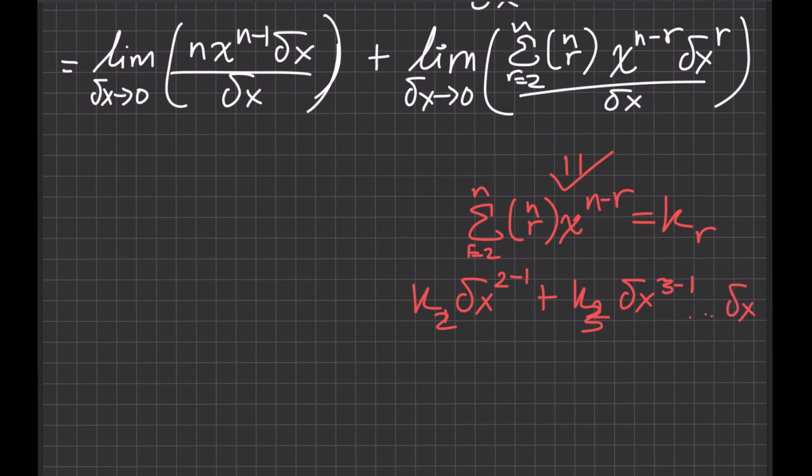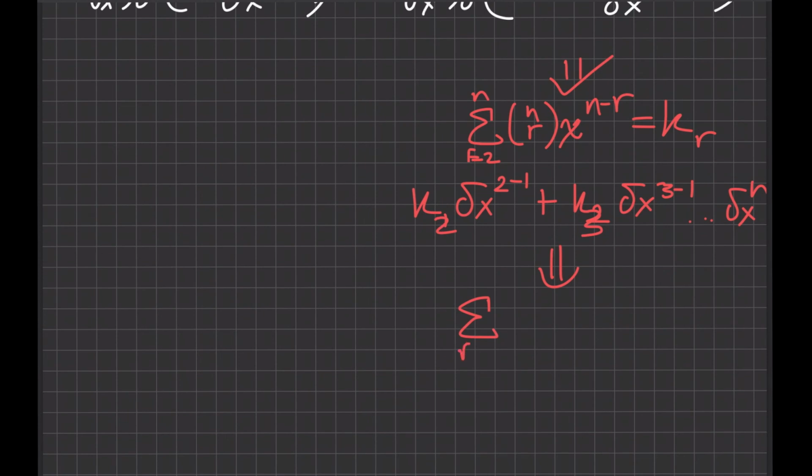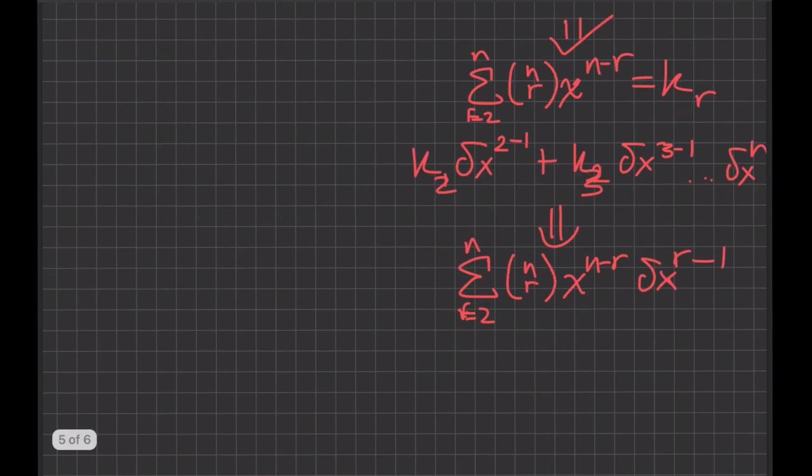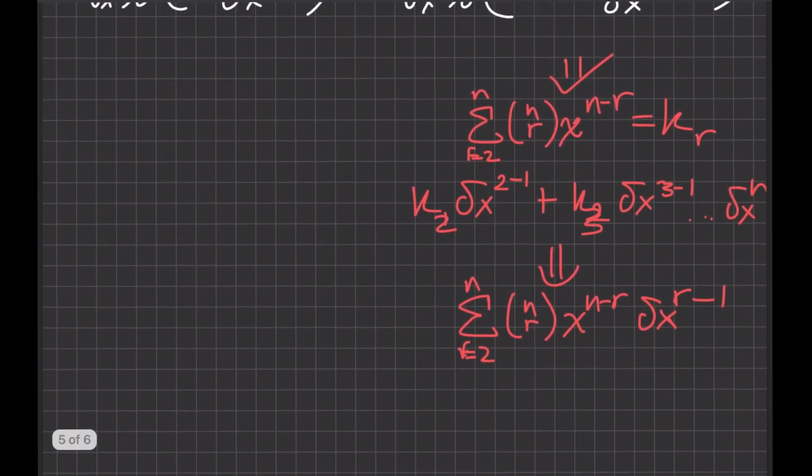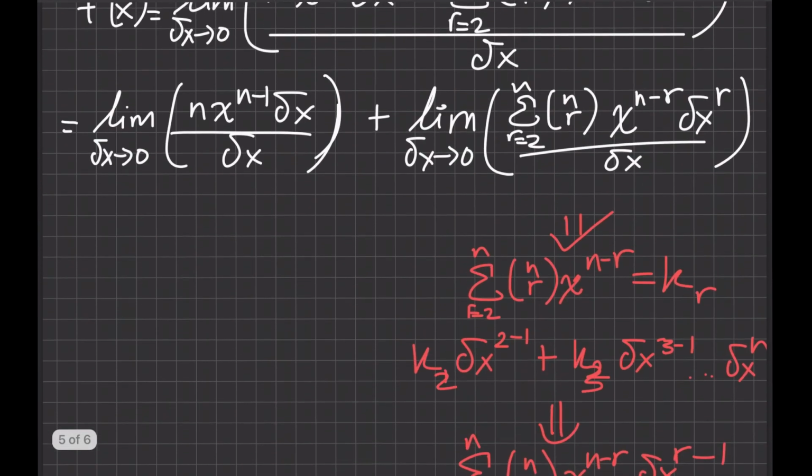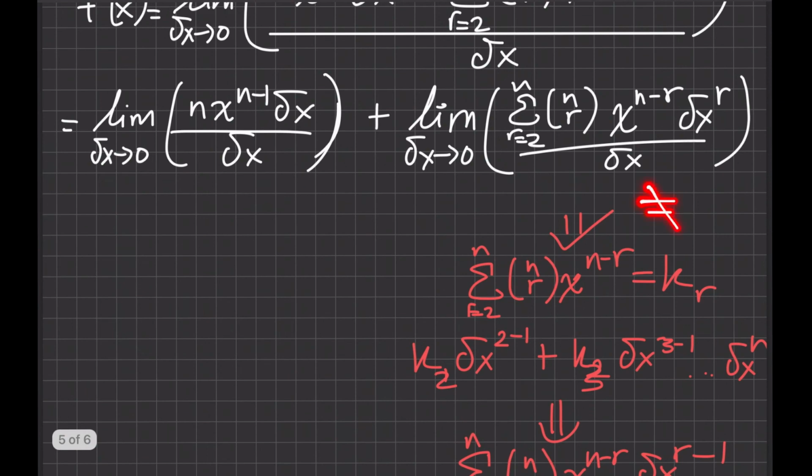And when we divide this by dx, what we're doing is we're subtracting 1 from every single power. We're taking a common factor out of dx, and we're subtracting 1 from every single power, which you can simply see using the power rule. We took out the factor, so we write it as this, and we're doing that with all of the terms as it goes from 2 to n.